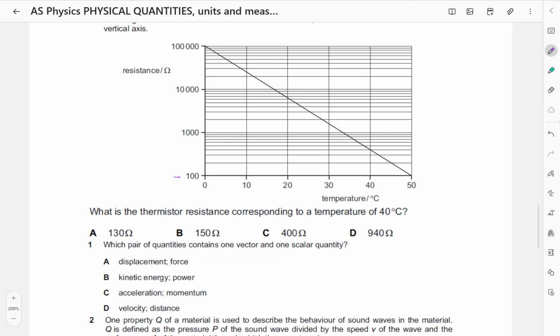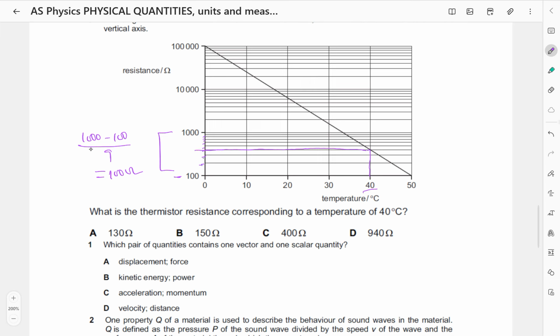Between 100 and 1000 we have 1, 2, 3, 4, 5, 6, 7, 8, 9. So this is 1000 minus 100 divided by 9, which gives us 100 ohms. So every horizontal line is going to represent 100 ohms.